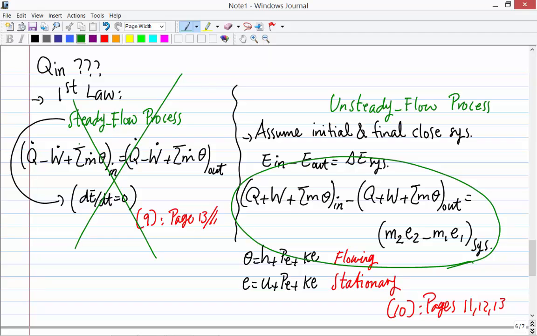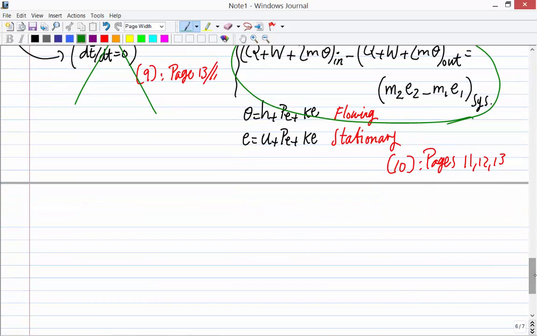We don't have any information about time, so we need to go for absolute values: W, Q, m, theta, E. And I need to have some assumptions here. First one is that potential and kinetic energies are zero or negligible.